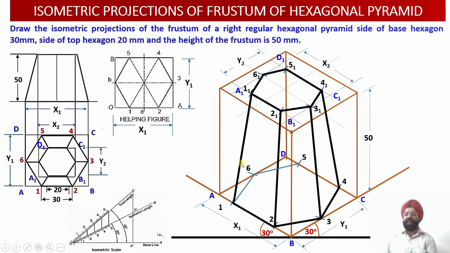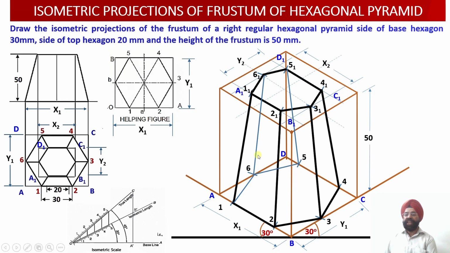So 4 slant edges are visible, so we have joined them dark, whereas the 2 slant edges over here, 5 and 5, 1, 6 and 6, 1, these 2 slant edges of this pyramid are not visible. We have not drawn them dotted, but we have just joined them with the help of a construction line, so that we can have the complete feel about the total construction of this frustum, right?